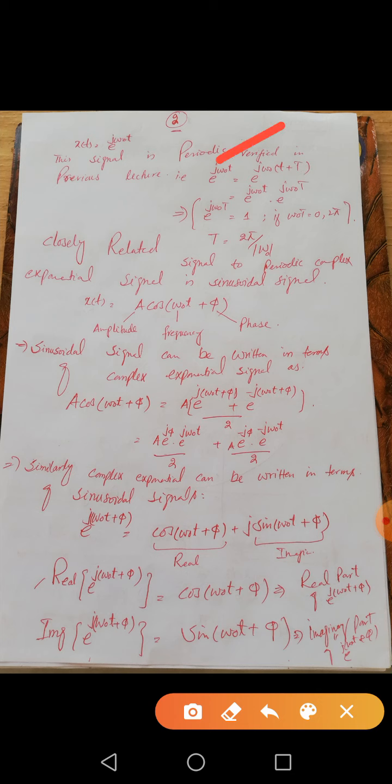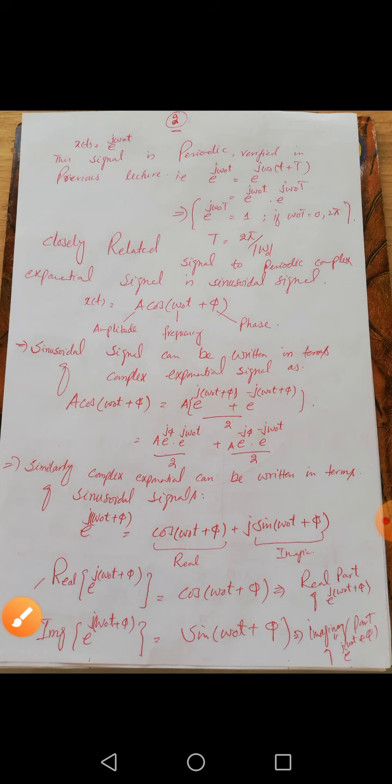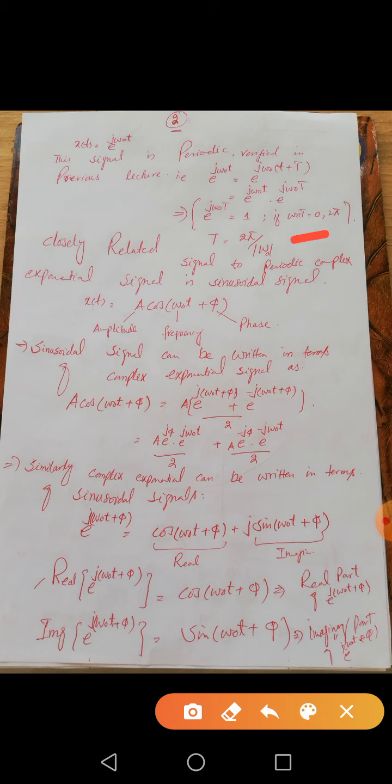So e power j omega naught t must be equal to e power j omega naught (t plus T). To be periodic, e power j omega naught capital T must be equal to 1, and this is equal to 1 when omega naught T is equal to 0 or 2 pi. So the time period will be T equal to 2 pi by omega naught.